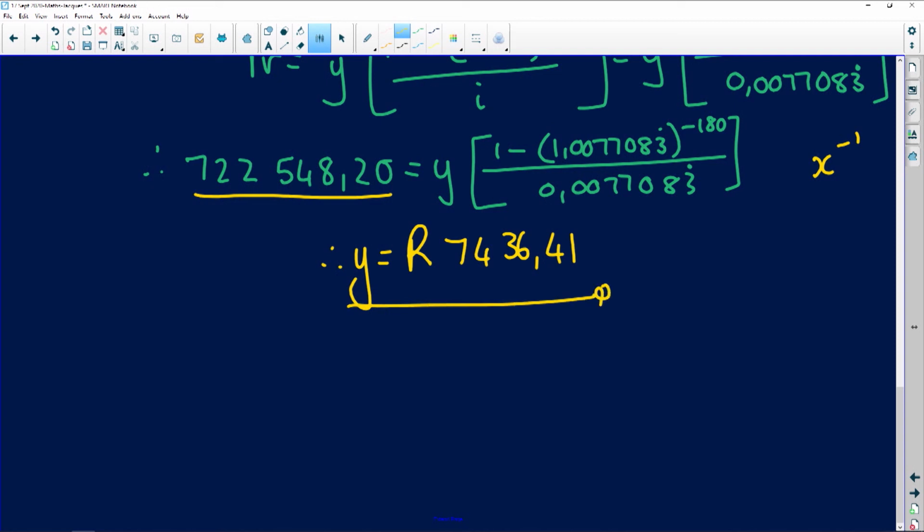Now remember, the previous one was 7,980. So you're paying almost 500 Rand less per month on this loan. It's a home loan, so on this bond.